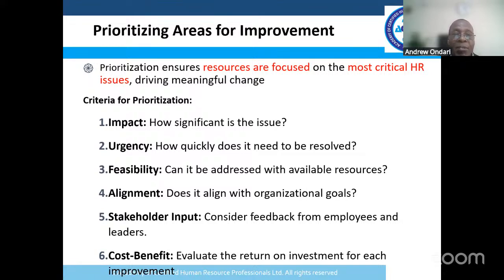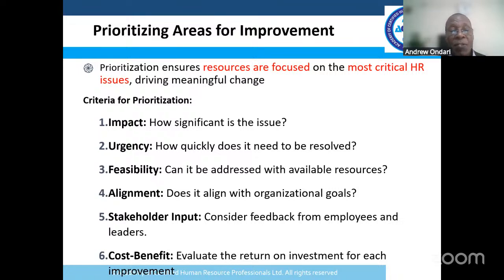Then another criterion for prioritization is alignment. We always ask ourselves whether what we are doing is helping the organization to achieve its mission, vision, and objectives. So if we are doing any of the functions like recruitment and training, they all must be aligned to the organizational goals.